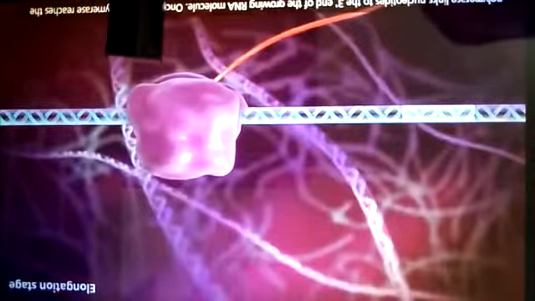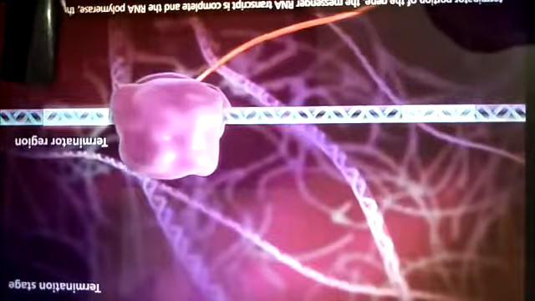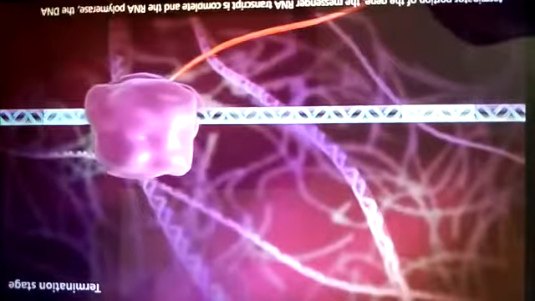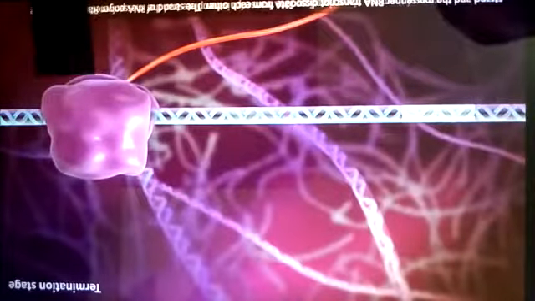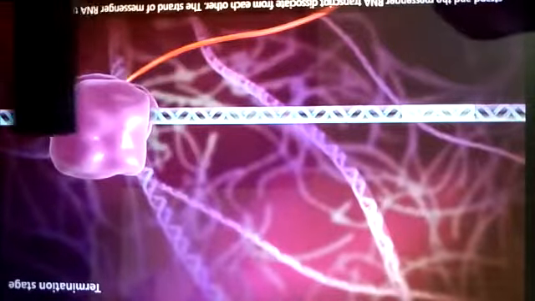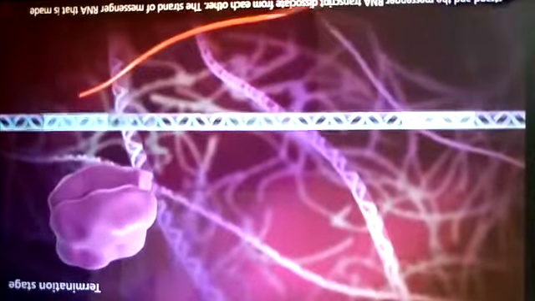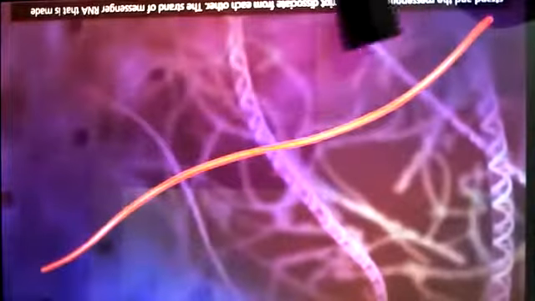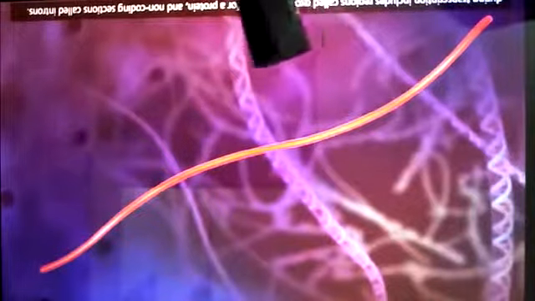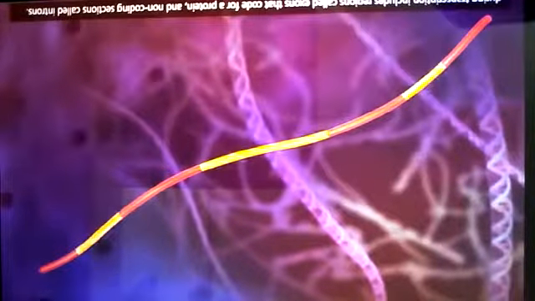Once this RNA polymerase reaches the terminator region, immediately the newly synthesized mRNA and RNA polymerase detach from the double stranded DNA. Then after, this mRNA consists of, as I said, exons and introns.